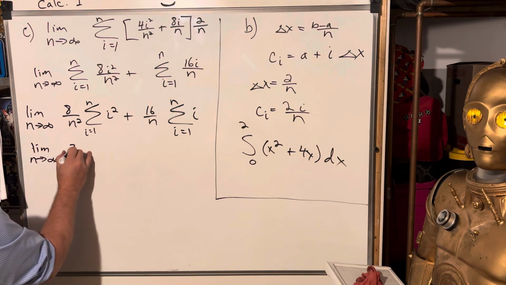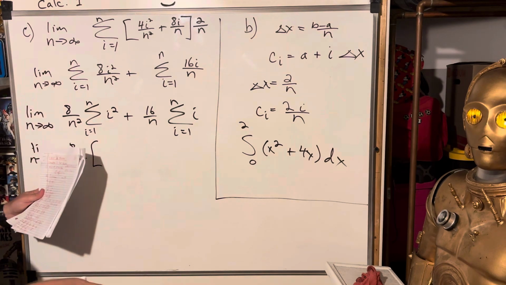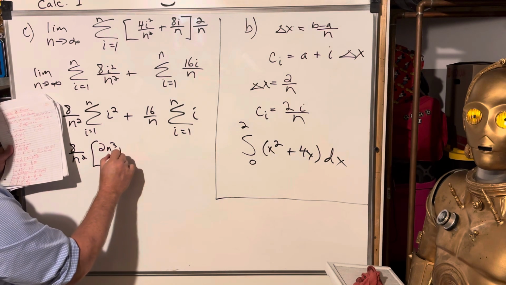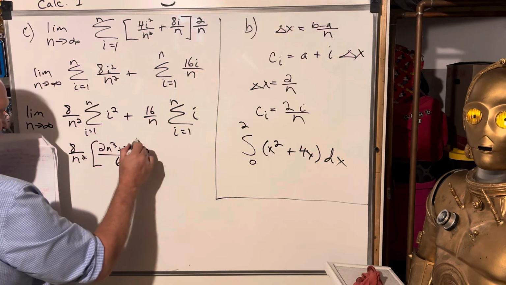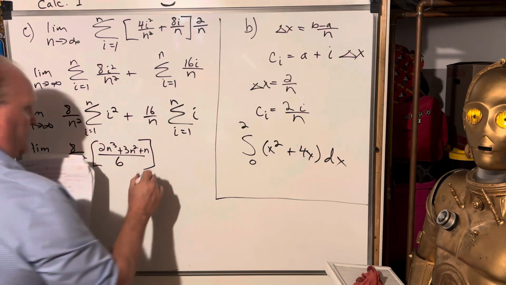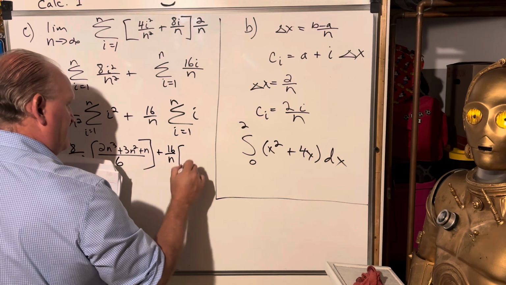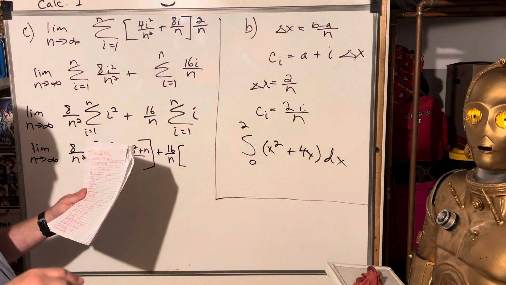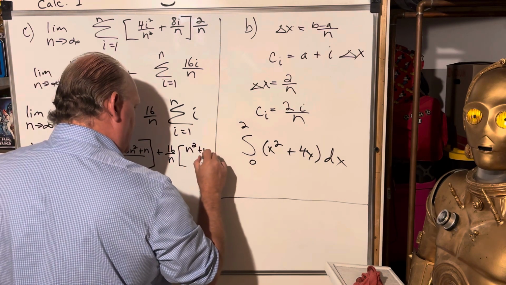We've got 8 over n squared, but this is 2n cubed plus 3n squared plus n all over 6. And then plus 16 over n times, when you have i going from 1 to n, you can replace it with n squared plus n over 2.